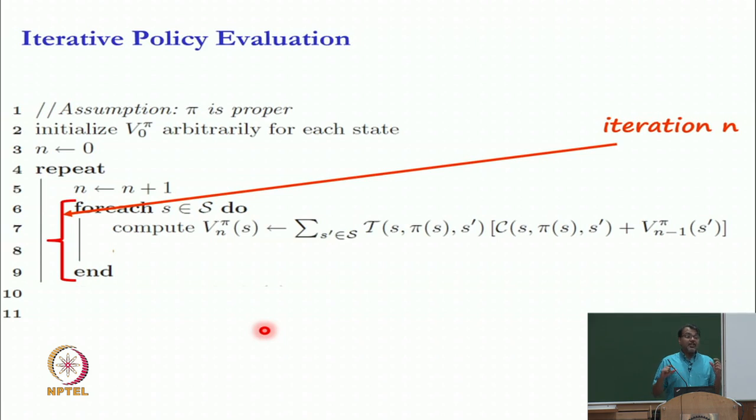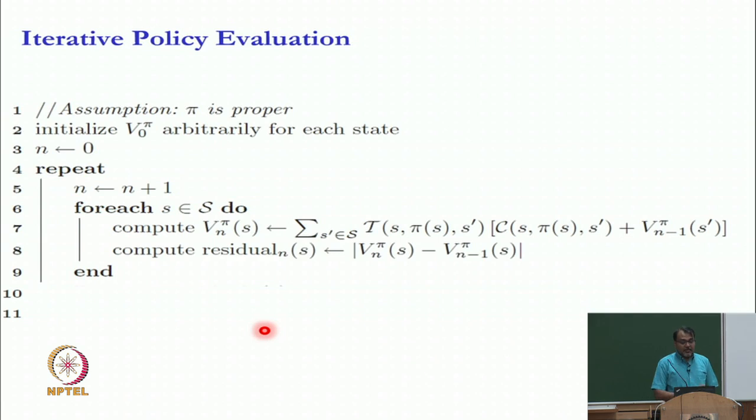We want the nth approximation to be very close to the n minus 1th approximation for every state, not just for one state, but for every state. In fact, think about it. If it is not true for every state, if it is not true even for one state, then it is possible that its predecessor will suddenly change its value in the next iteration significantly. So, we want this to happen for every state.